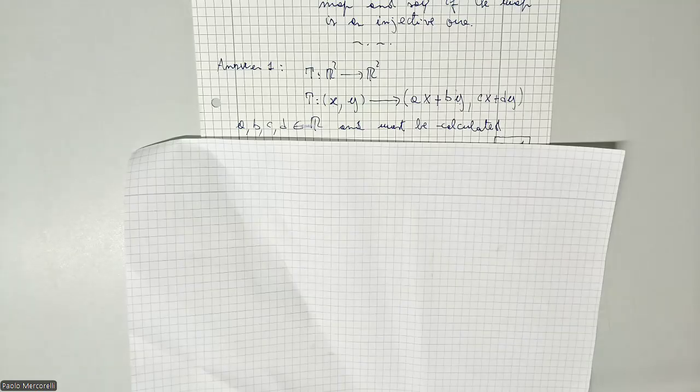And what is the general form of this possible linear combination in two dimensions? a multiplied by x plus b multiplied by y, first component, comma, c multiplied by x plus d multiplied by y, second component, in which a, b, c, d are parameters which belong to R.